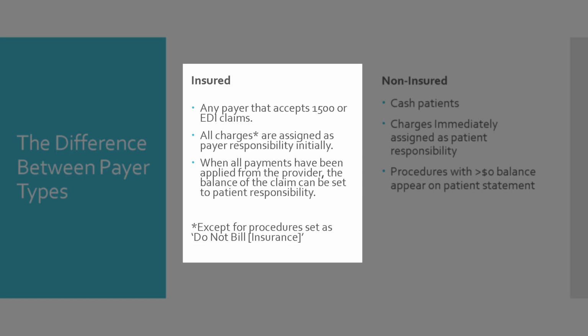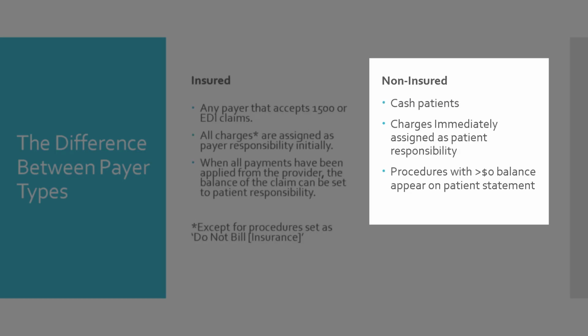Any procedures set as do not bill will not be included on any claims and will be set as patient responsibility immediately. If the primary payer is non-insurance type, all procedures are set as patient responsibility and these charges don't ever need to be submitted.